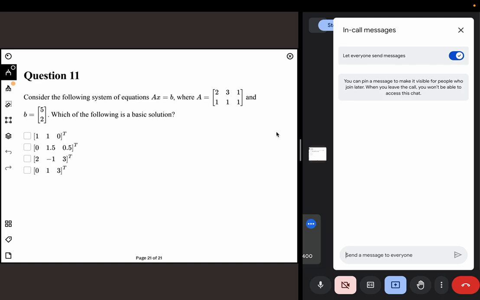Yeah. So the last question I have for this week. You have the following system of equations with A and B given here. Which of the following is a basic solution? Again, if we stick to the same setup, I have 2 rows and 3 columns. So my x should be something.